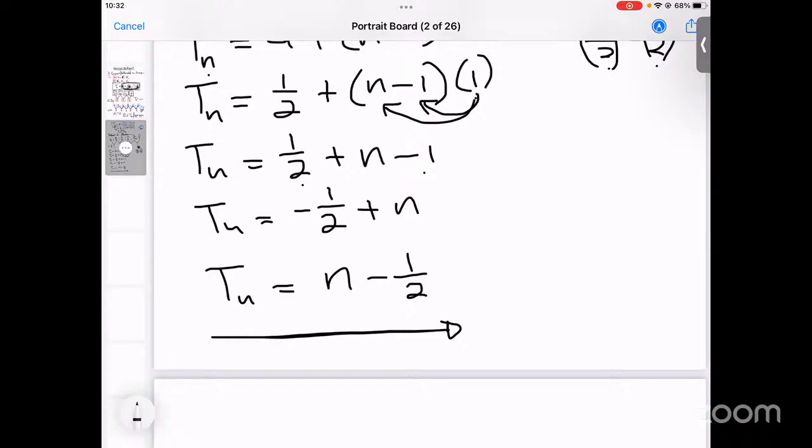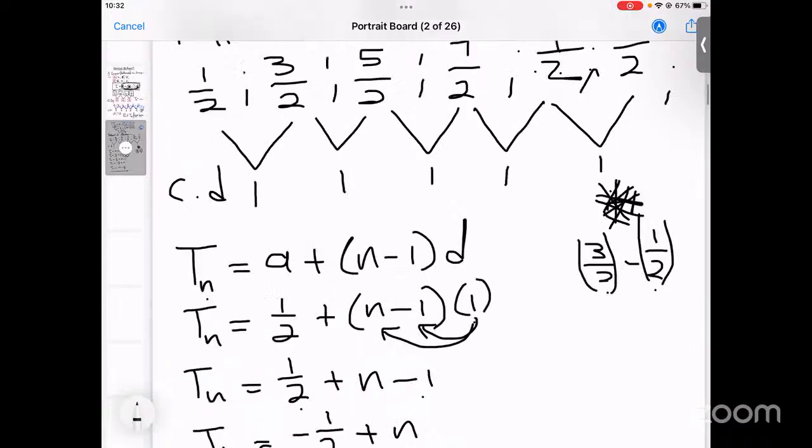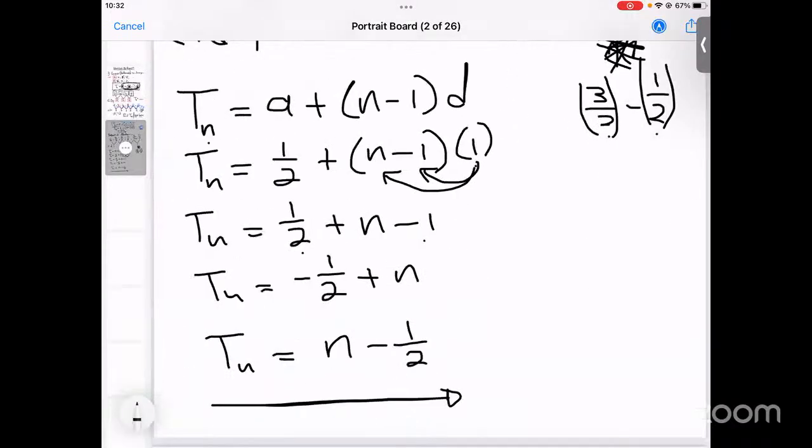So this is the general formula of this given number pattern, which means if they say calculate term number 1, all that you do is put 1 where you see n. For example, this question may be saying calculate the 11th term.